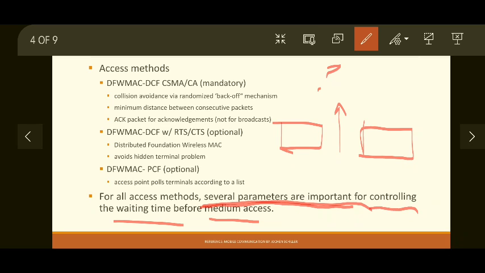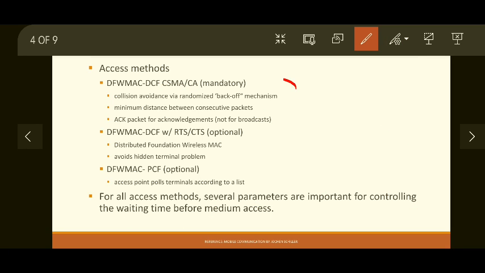Usually in wired services, whenever a packet arrives at the MAC layer for transmission, if the medium is free, it may be transmitted immediately. That does not happen in the case of CSMA/CA. How it happens, we will see during the detailed explanation of this technique. But a certain waiting period is always there before transmission, and for that we will study these different parameters.